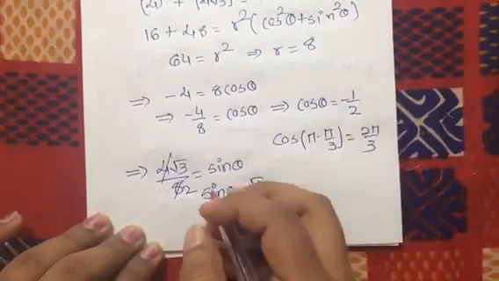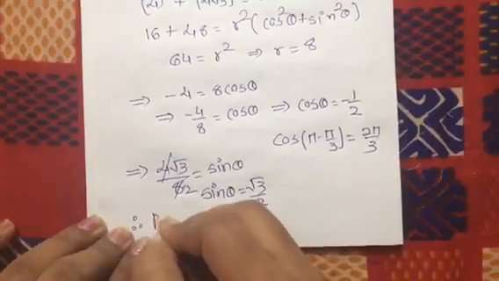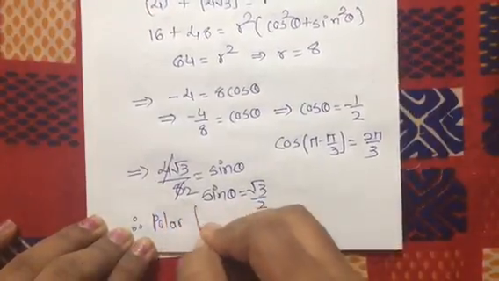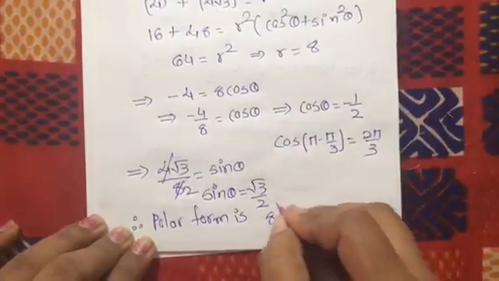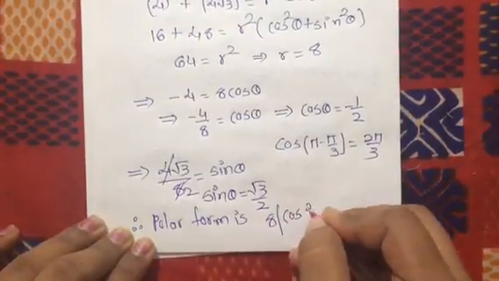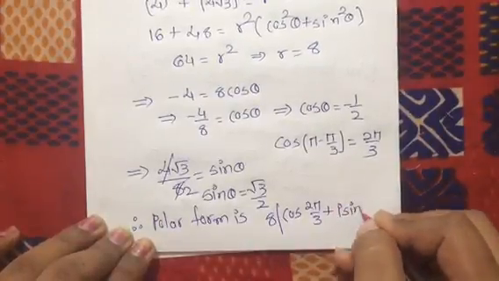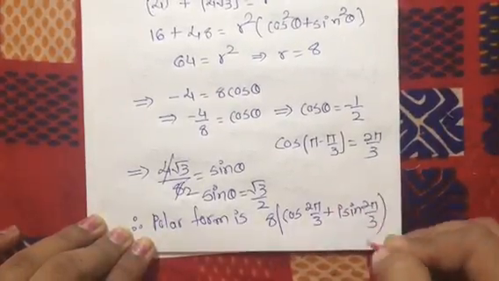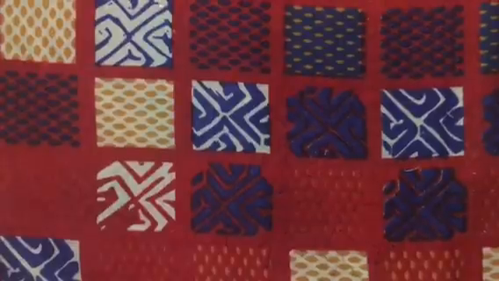So the polar form is, therefore polar form is 8 into bracket cos 2 pi/3 plus i sin 2 pi/3. Okay. Now move on to next exercise 5.2 question number 1.